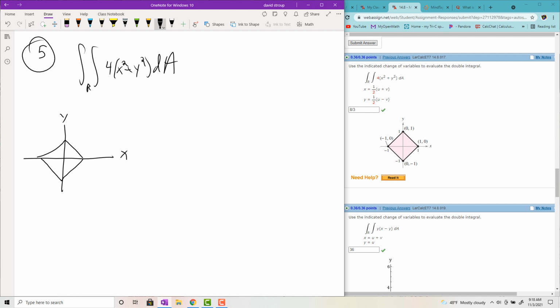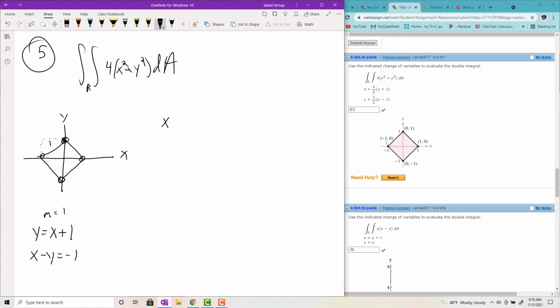And you may be able to just guesstimate what those lines are because they've been made so simply. So for this first line I see here, that has a slope of up 1 over 1, right? The slope is 1. And then you have y equals slope times x plus the intercept. And the intercept is just at 1. Y equals x plus 1, okay? Again, I'm going to rewrite it as x minus y equals negative 1.